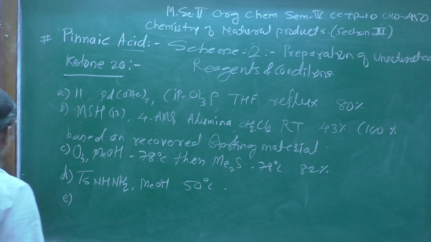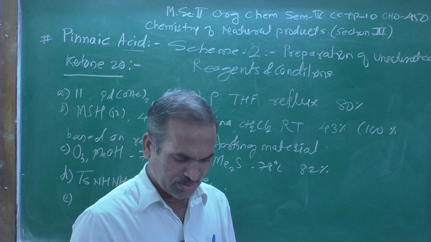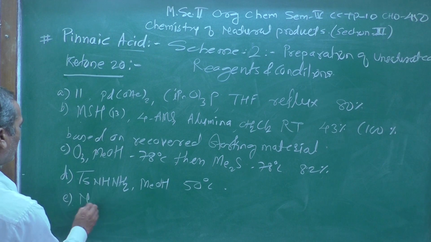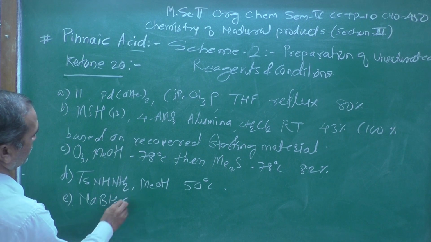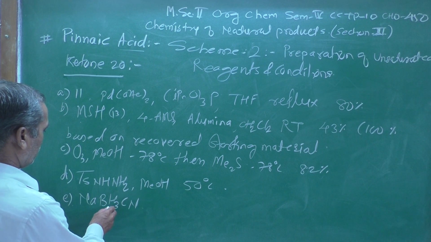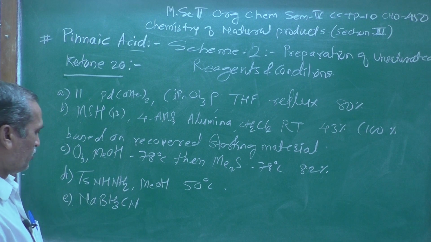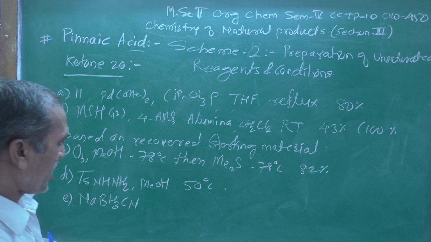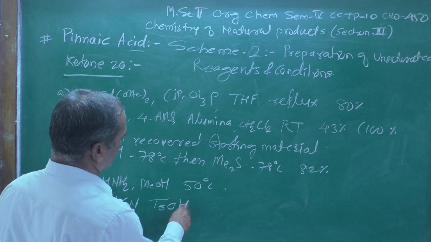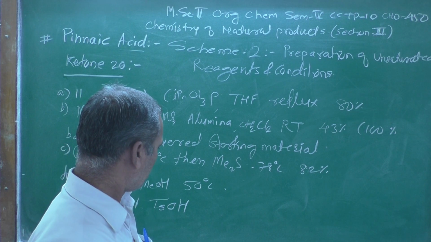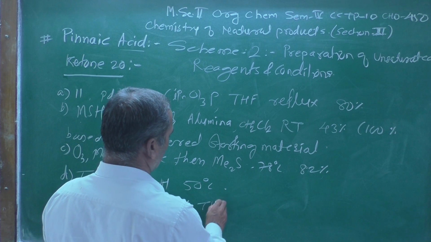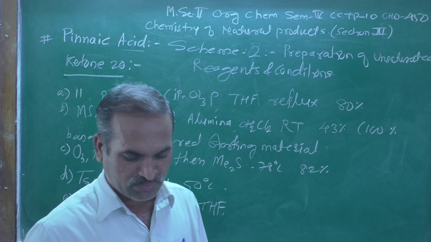Next one, E reagent. The E reagents which they have used are NaBH3CN, sodium cyanoborohydride, and TsOH, tosylic acid, in THF, tetrahydrofuran, used as the solvent.